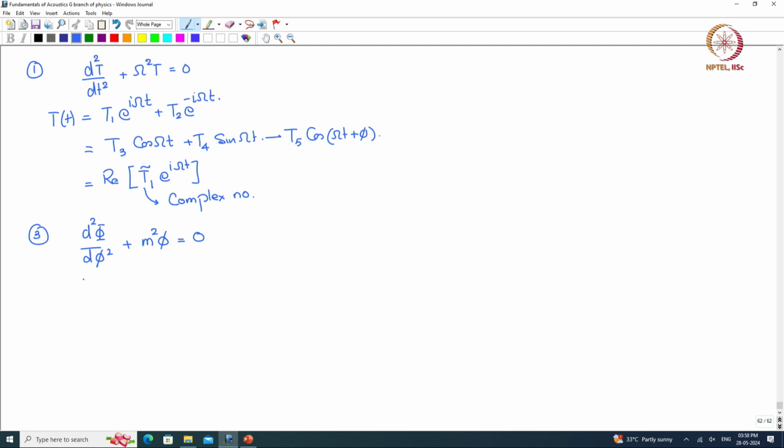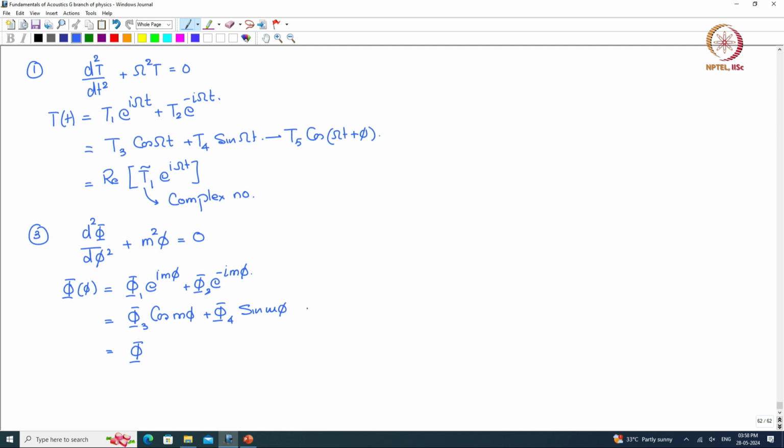Okay, so this again we can write phi of phi as some phi 1 e to the power of i m phi plus phi 2 e to the power of minus i m phi, or we can write it as phi 3 cos m phi plus phi 4 sin m phi, which is equal to again phi tilde.